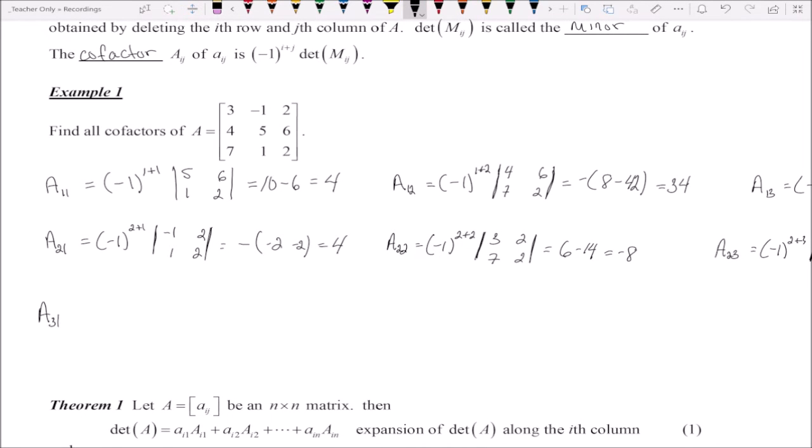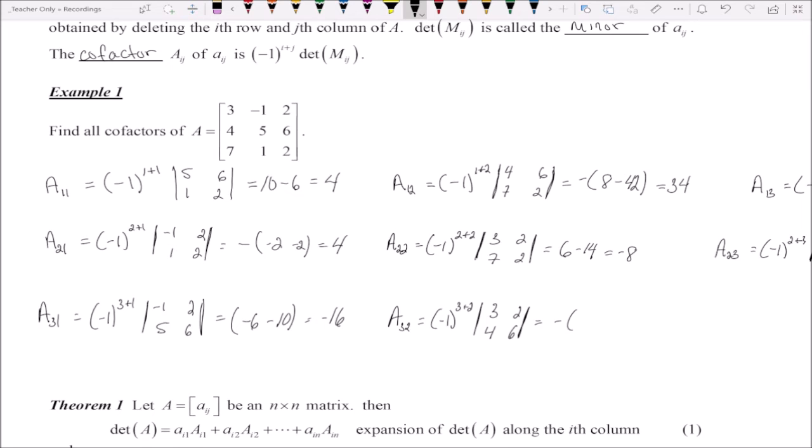Final row, A31, (-1) to the 3 plus 1 times the determinant negative 1, 2, 5, 6. Right, so this is negative 6 minus 10. We get negative 16. A32, (-1) to the 3 plus 2 times the determinant 3, 2, 4, 6.